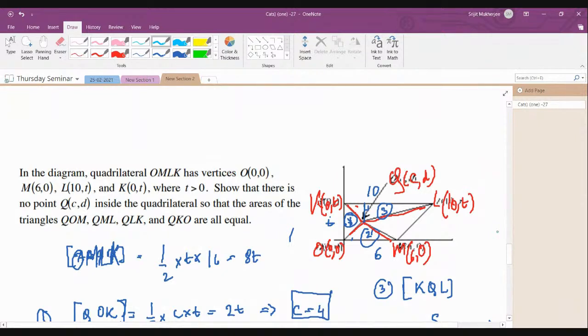So what are the conditions that are required for this to have equal areas? Such a point exists. When will such a point exist? I'm quite curious. I think such a point will only exist if the diagonals bisect each other. Can we prove that? So my claim is that such a point will only exist if the diagonals bisect each other.